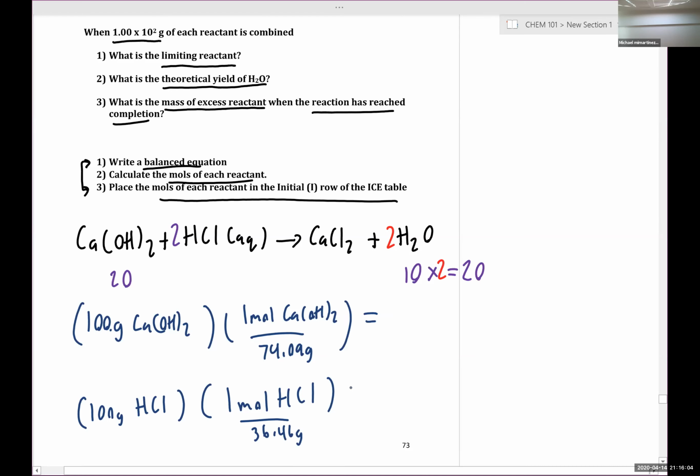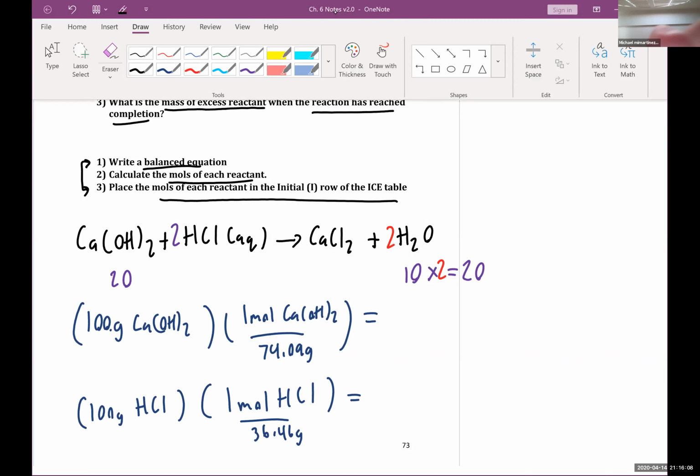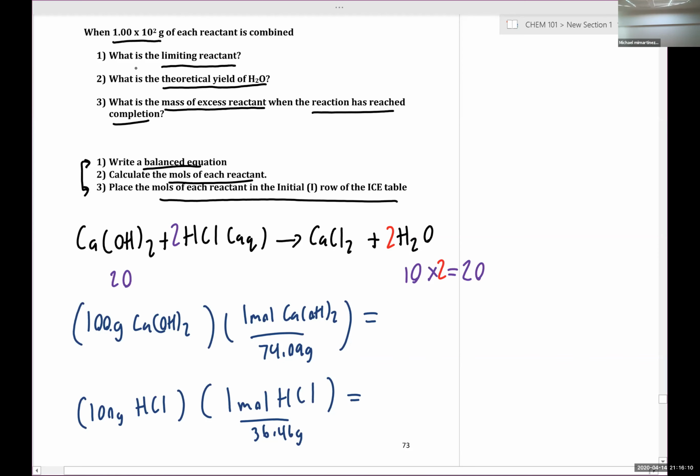So from that, we can calculate the moles of each of our reactant species. So let's complete that calculation at this time.